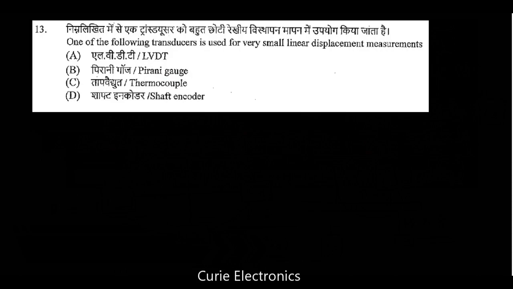Question number 13. Which transducer is used for very small linear displacement measurements? The answer is LVDT, linear variable differential transformer. In this, the core will be moving. The Pirani gauge is for pressure measurement.